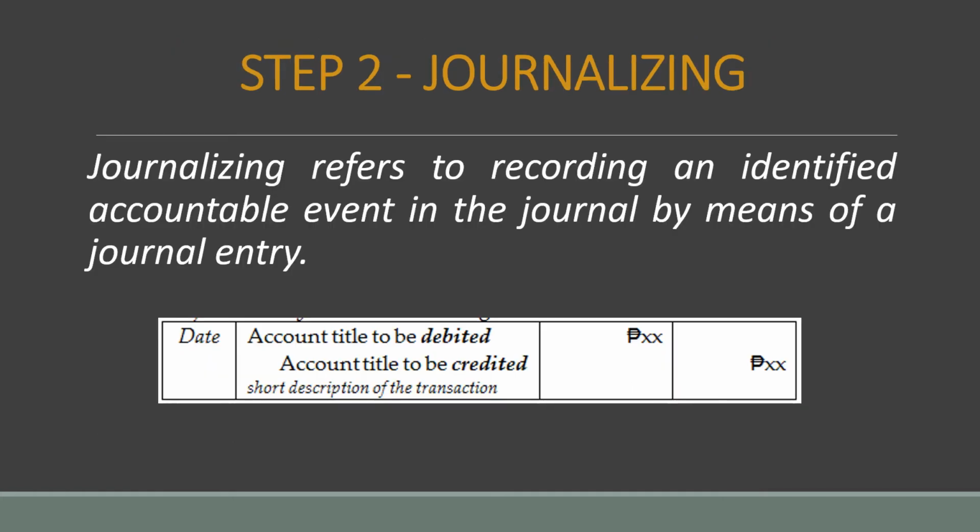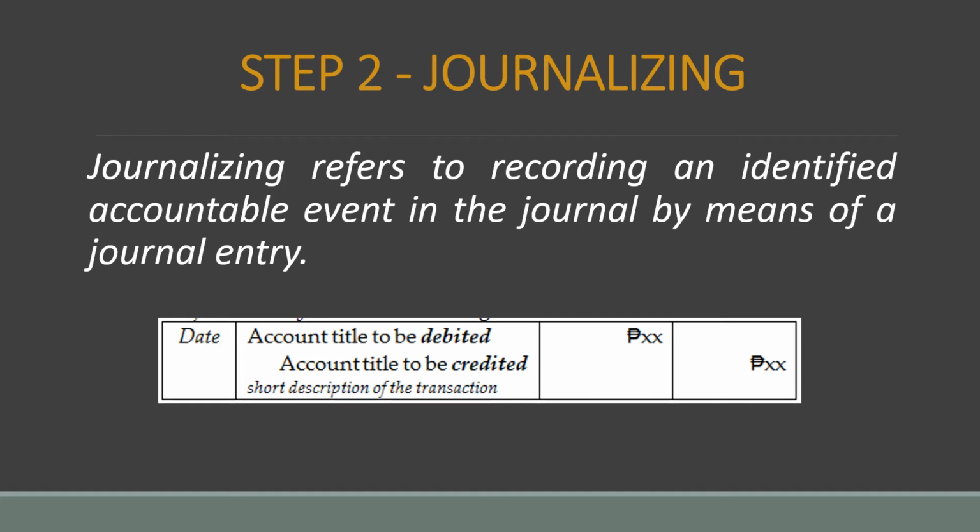So, after we analyze transactions and identify those accountable from non-accountable events, so the next step that we do is to record these identified transactions or those accountable events in the journals. And the process is called journalizing. So, pag sinabi natin journal, that is a chronological record of the entity's transactions.